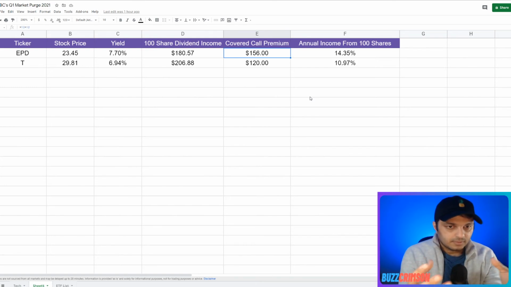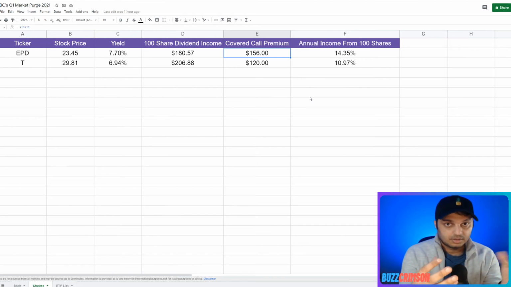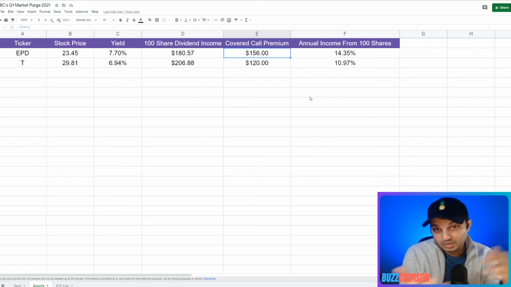Okay, so overall, from those 100 shares, I'm able to generate a 14.35% return, and I still own the shares. So these shares are going to continue making a similar amount next year, which is essentially twice as much as what I would get if I didn't do anything and just waited for my dividend, right?